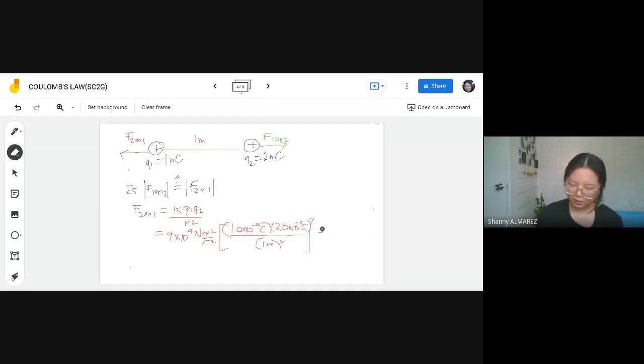This will give us ilan ang value niya. So, 9 times 10 raised to 9 times the quantity, we have 1 times 10 raised to negative 9. Yung isa, yung other term, is 2 times 10 raised to negative 9. All over 1 meter square. So, ilan makukuha nyo dyan na value? You will get, ilan?